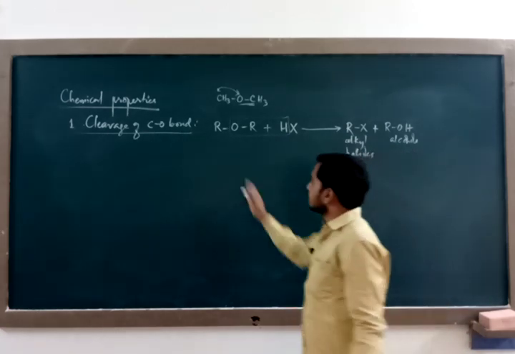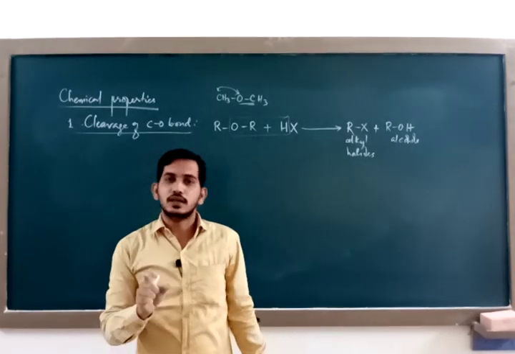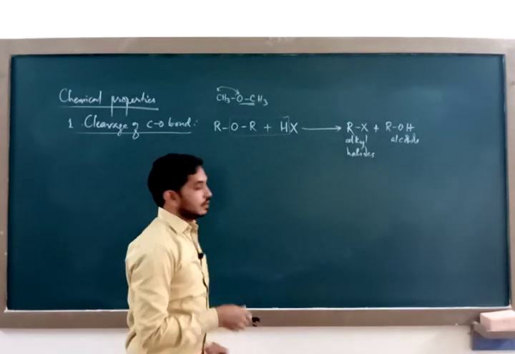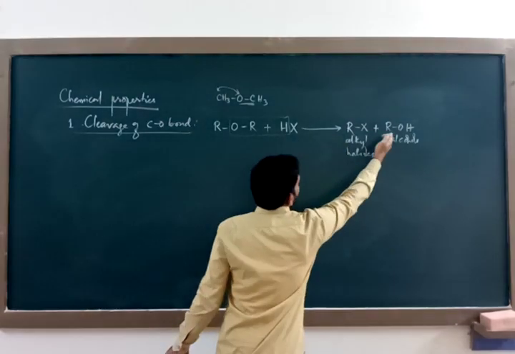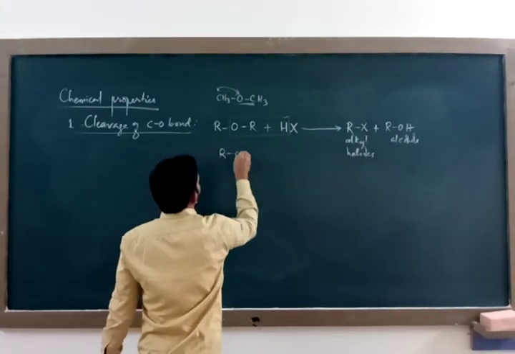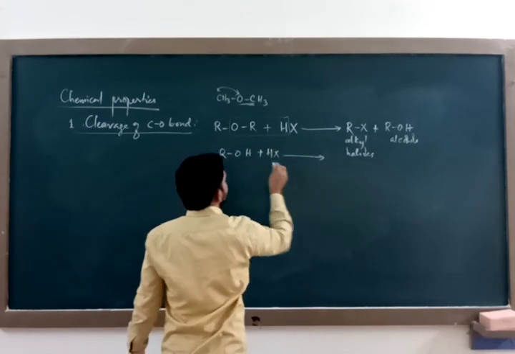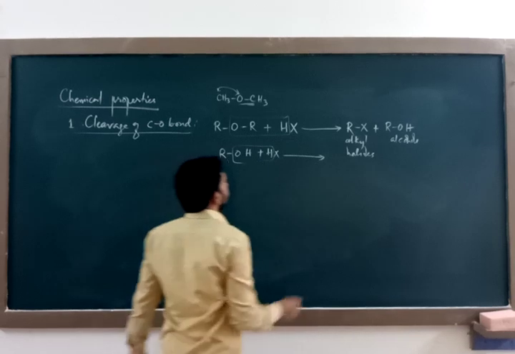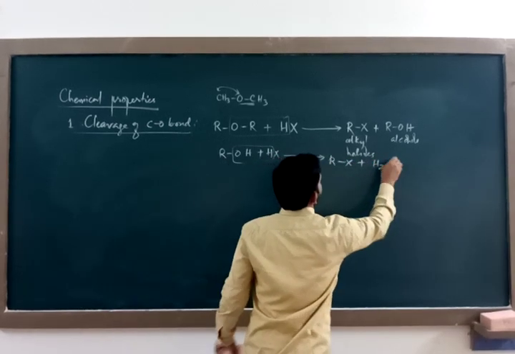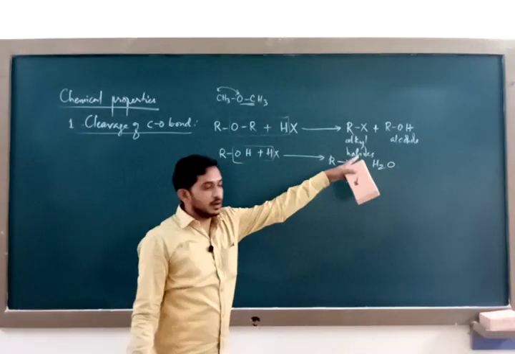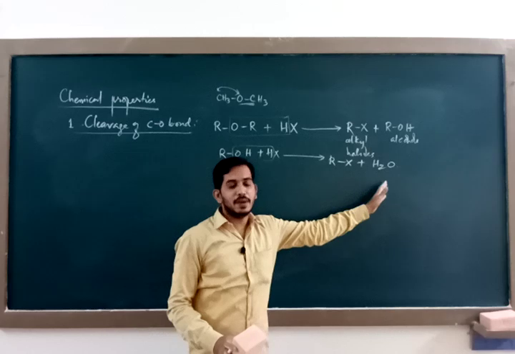In this way, the bond between carbon and oxygen, the ethereal bond, can be broken. Further, out of these two, the alcohol ROH again reacts with hydrogen halide to give a second molecule of alkyl halide and water. In the first step you got alcohol as a byproduct. In the second step you got water as a byproduct.